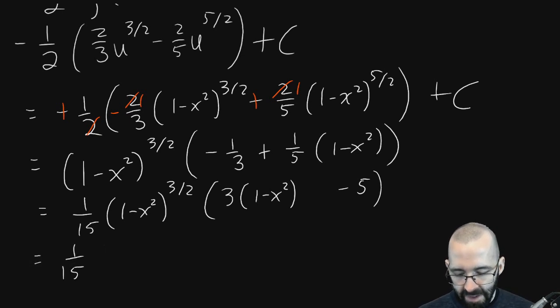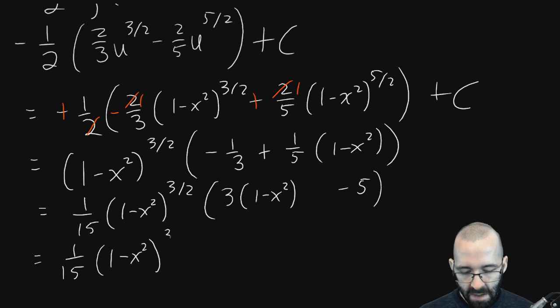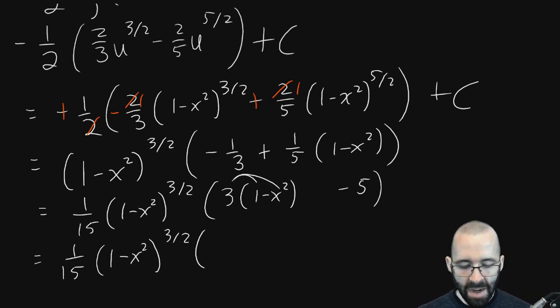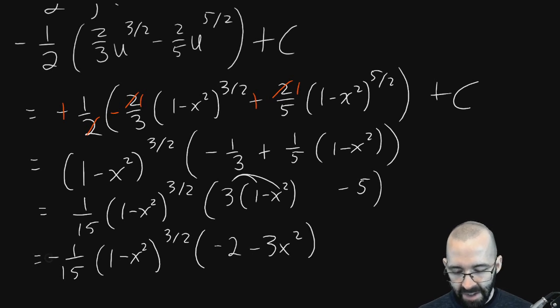So it becomes something rather nice. This becomes distribute. We get 3 minus 5. It's negative 2. Minus 3x squared. We can factor out the negative, and it all becomes positive. We get something that looks real nice.